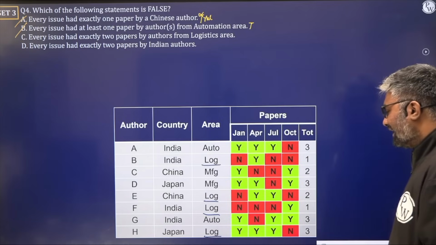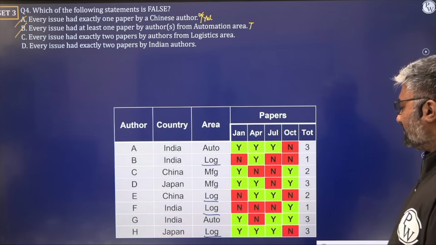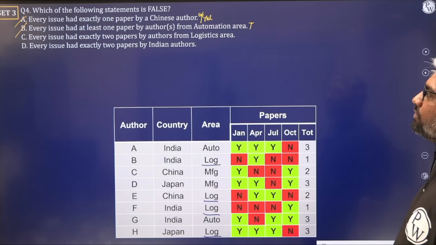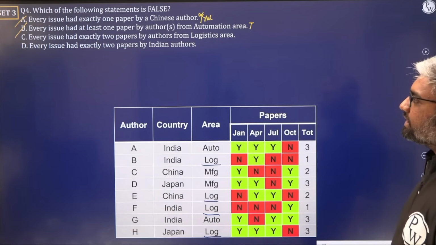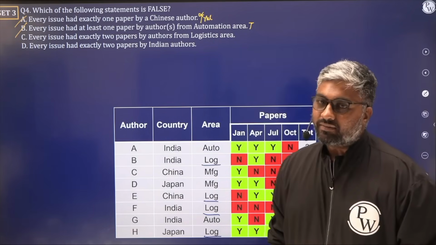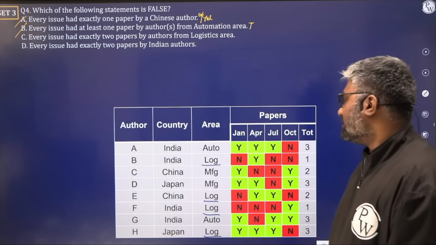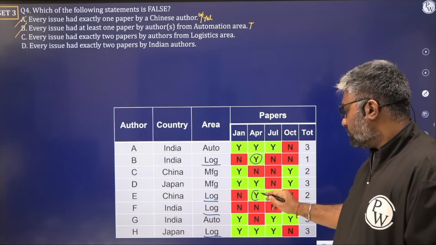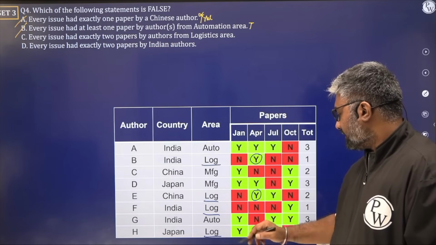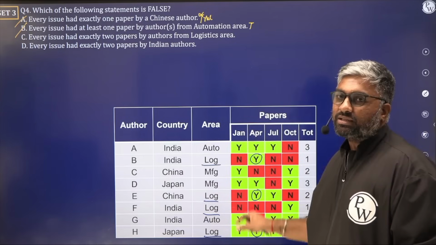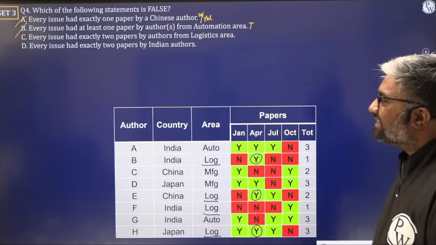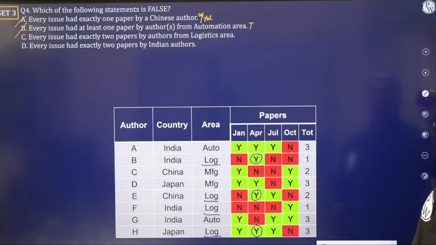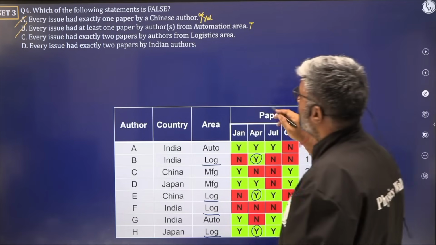This question, can it be a brownie question? Because we know that in logistics, in the previous question, we saw that it is only in logistics that this is happening, where 3 had come. In which issue? April. We have 1, we have 2 and we have 3. So that one piece of information is helping us answer 2 questions. Yes, so every issue had exactly 2 papers. It did not.